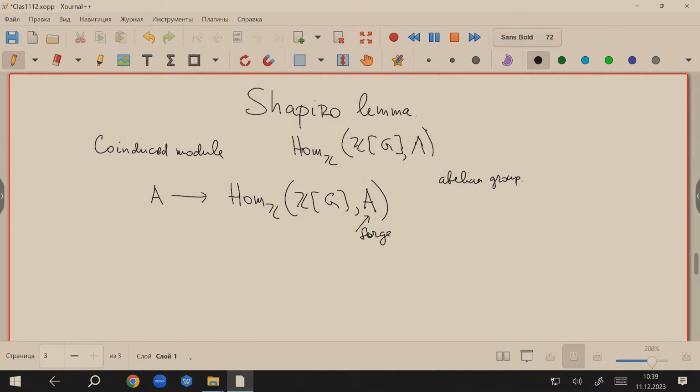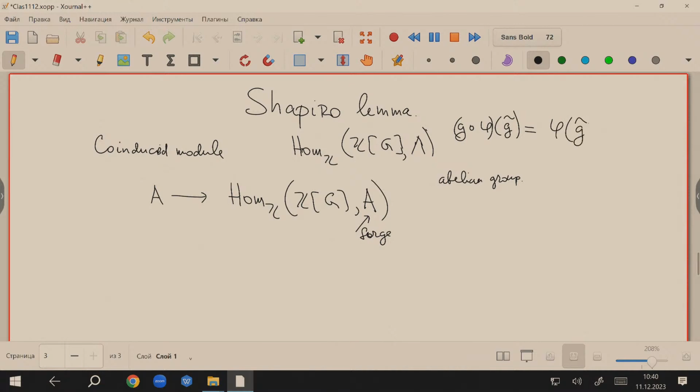So in order to say what is the structure of the G-module on Hom, there are several different ways to introduce the G action because you have many actions. But here you just introduce the action by saying that if you want to act by g on phi, this is just the action from the right.